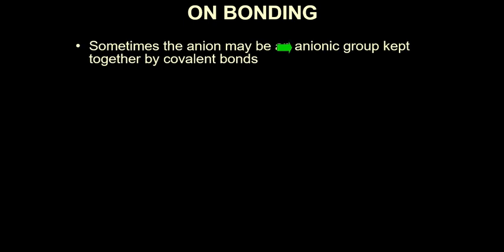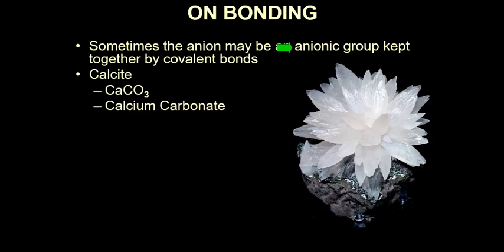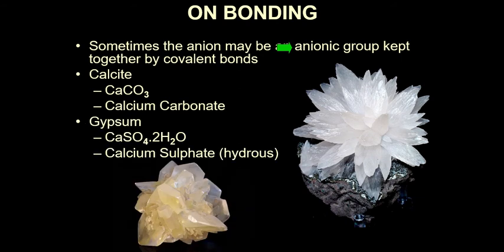So sometimes the anion may be an anionic group kept together by covalency. A very good example of this is calcite, which is a carbonate, and gypsum, which is a sulfate. So in this case, the anion's on the right and the cation's on the left.